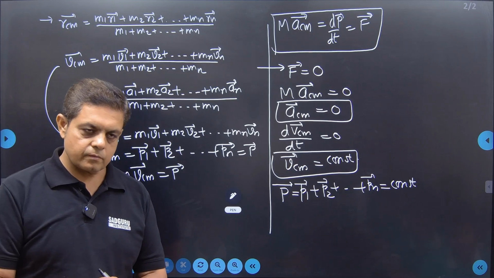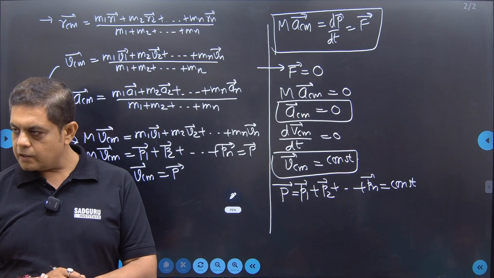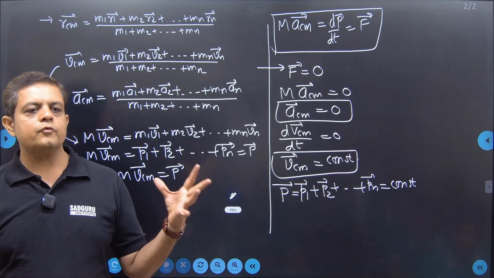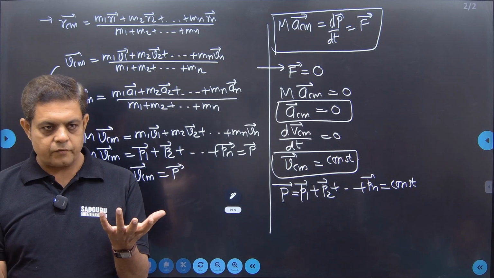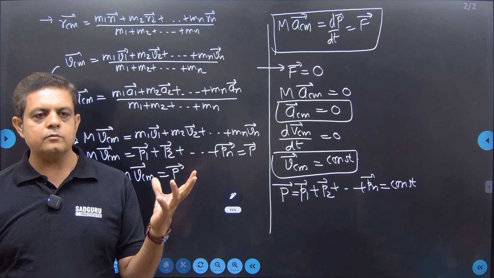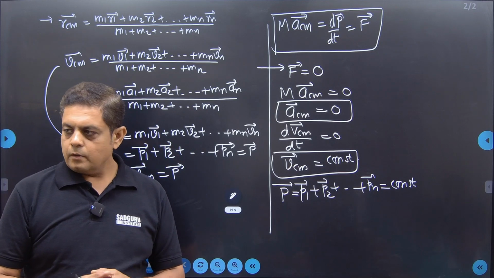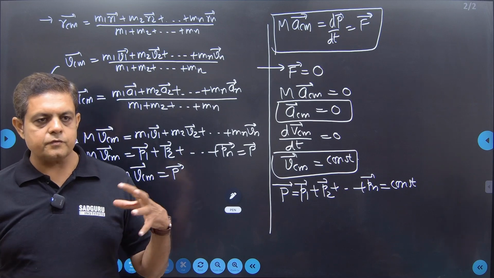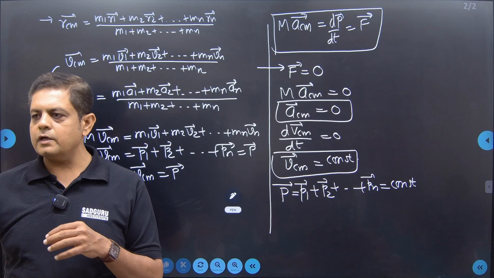If I consider this room as my system of particles, molecules are moving here and there. The whole system is in equilibrium, net force zero, so the net momentum of the system is zero. But the molecules which are moving here and there collide with another molecule or with the wall.